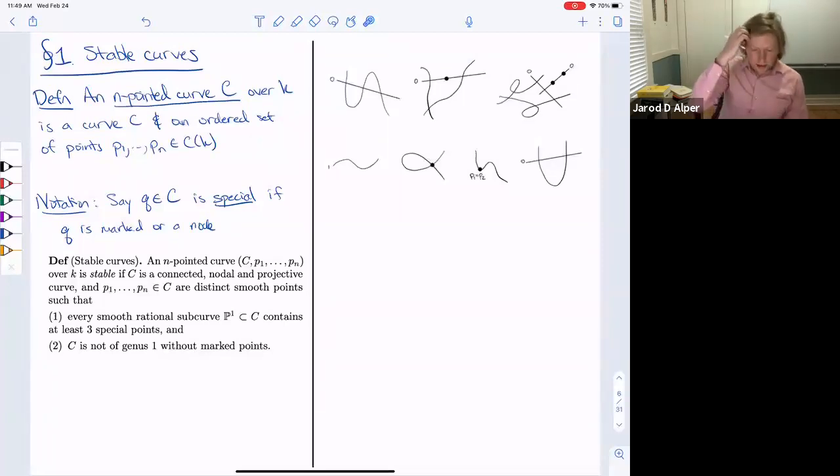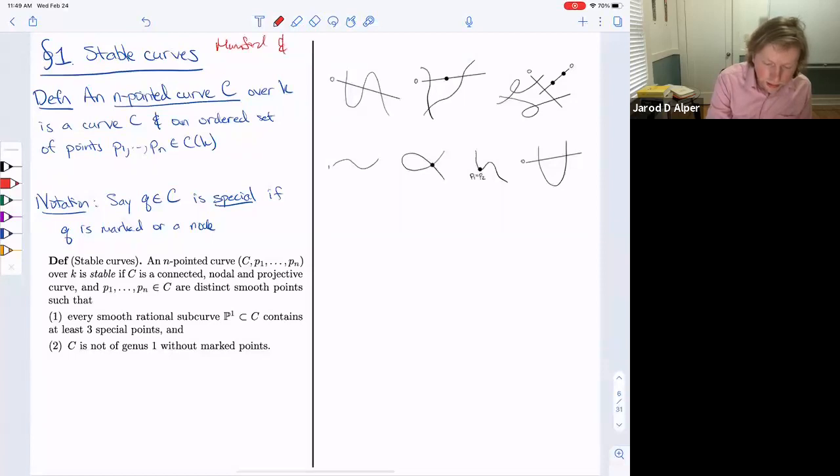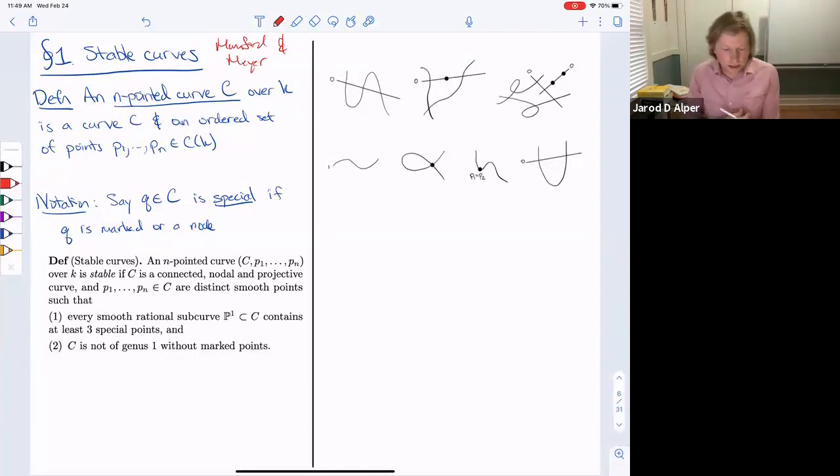And then we're going to say a point of a curve is special if it's either a node or a marked point. So we're going to treat marked points and nodes on equal grounds. And so now we get to the definition of a stable curve. I should say this definition was introduced by Mumford and Mayer in the 50s, early 60s.